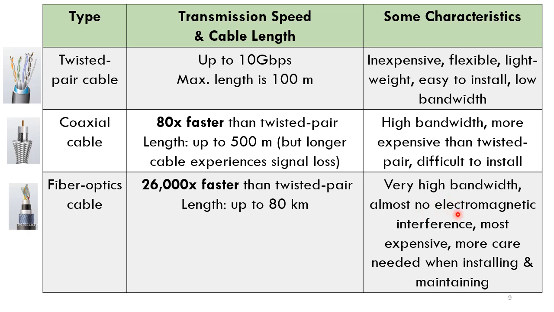Almost no electromagnetic interference. Most expensive, and more care is needed when you are installing this fiber optic cable. Now why? If you still remember, it is made of glass. Okay, so in the next video, you will see the wireless channels.